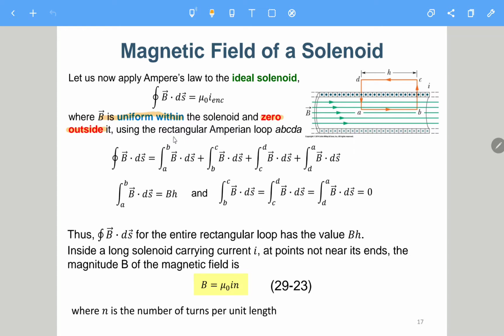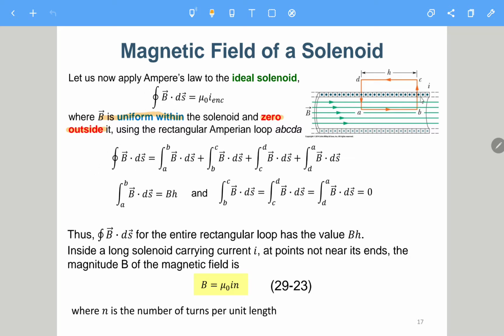Okay, so now we consider the Ampere's loop like this, A, B, C, D, in this direction. We consider Ampere's law, the integral of B dot ds on the left side, and mu 0 I enclosed on the right side. Let's consider the line integral first.